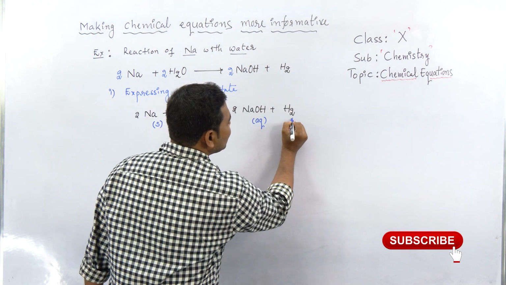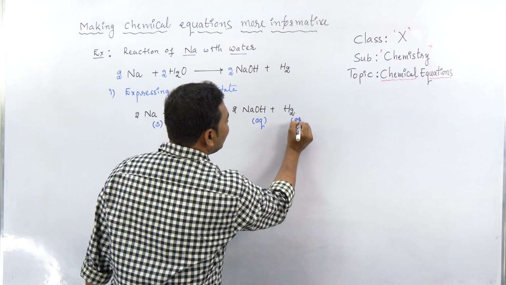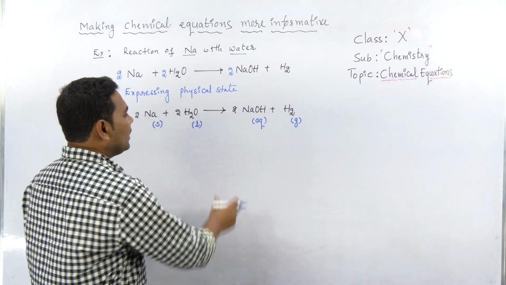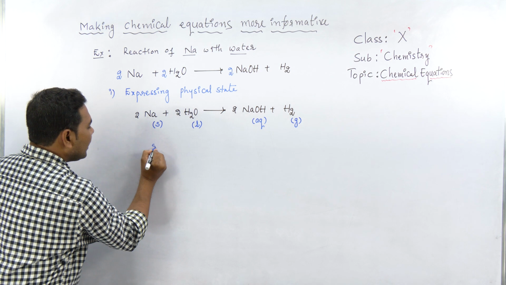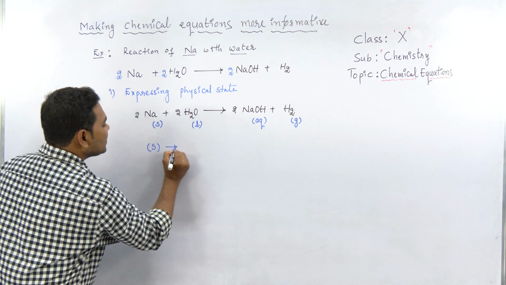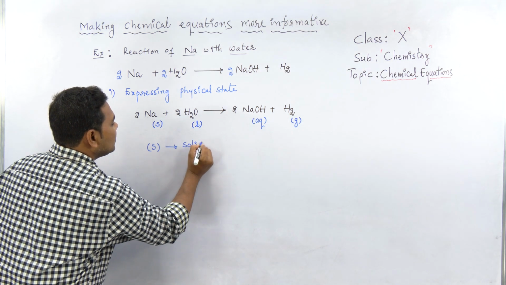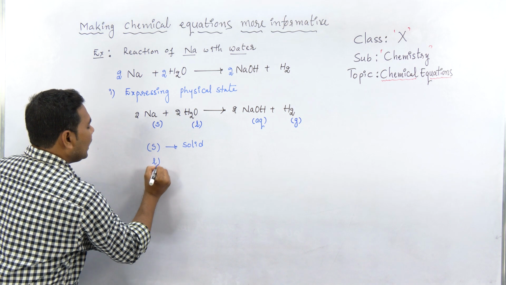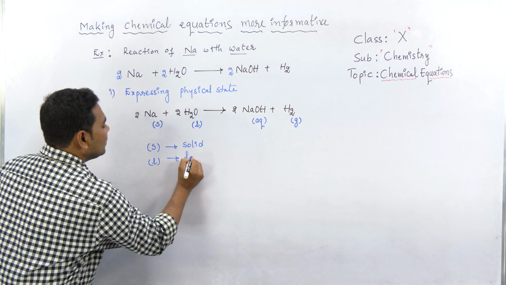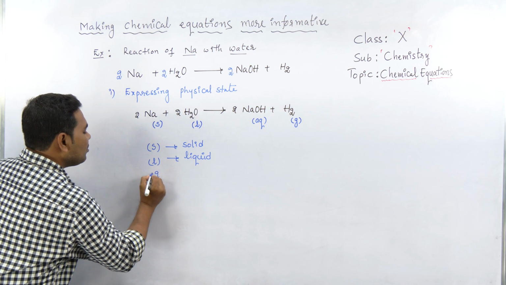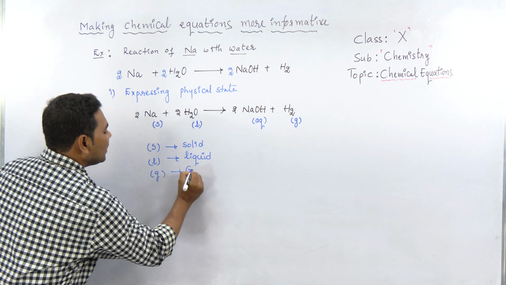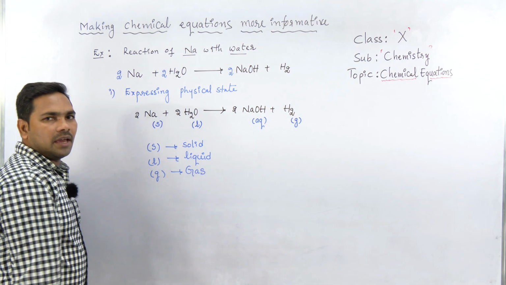And what's the physical state of hydrogen? It is a gas, so I write g. S in the bracket represents that the given substance is solid, l in the bracket represents liquid, and g in the bracket represents gas.